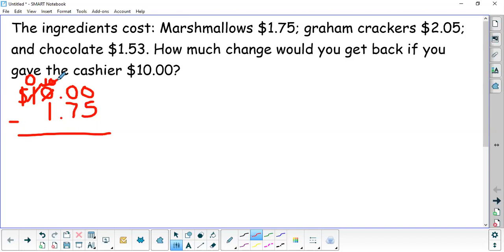I'm going to take from my ones place, and that gives me 9 instead of 10 ones. And over here, that gives me 10 in the tenths place. All right, great. So now I have something that I can borrow from. I can go over here and borrow from the tenths place. So that's going to become a 9.